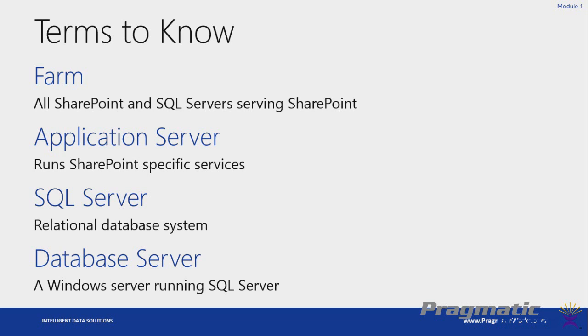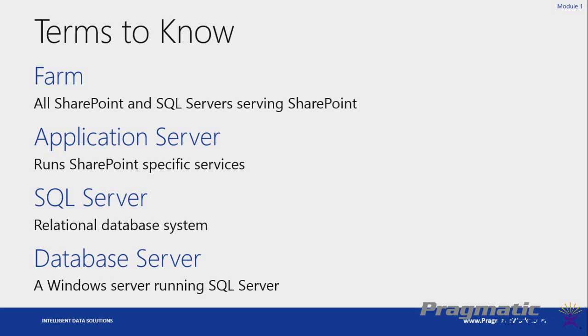Another term that you'll hear me use is an application server. You'll notice that's a little bit different from a database server here. An application server is something that runs a specific portion of SharePoint. That may be the piece that handles your web front-end service, which ultimately is what users connect to, handles the traffic between the different applications, and brings the data back and shows it to your users.